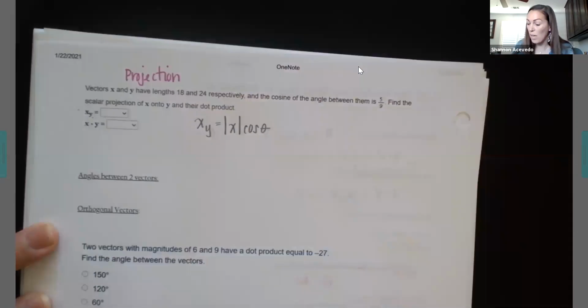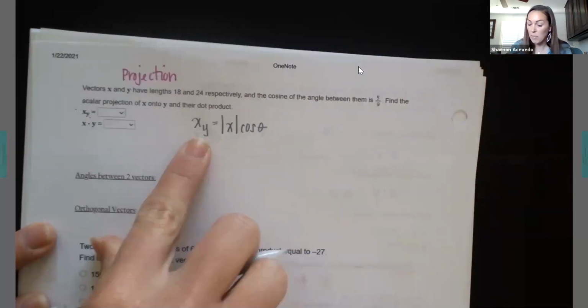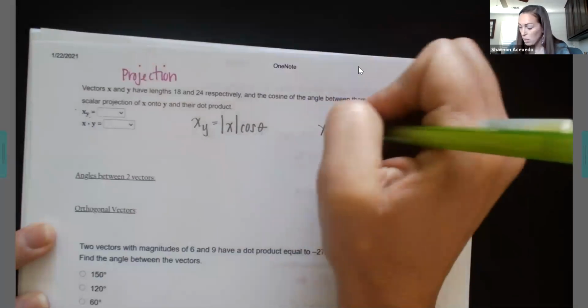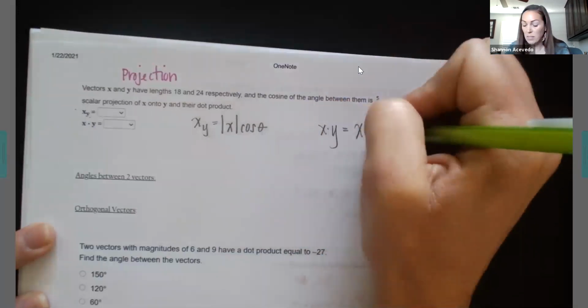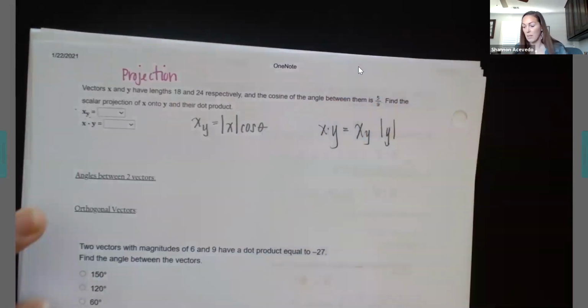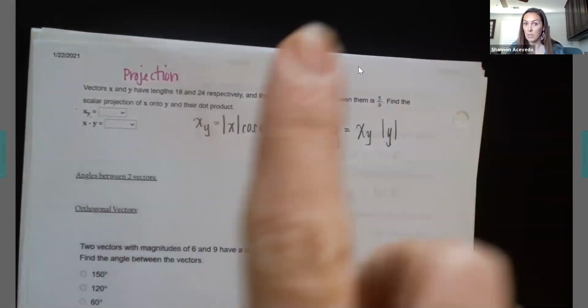Once I know that piece, then the dot product of x and y is equal to the projection of x onto y times the magnitude of y. So I need to figure out this piece first, then I can go to this piece.